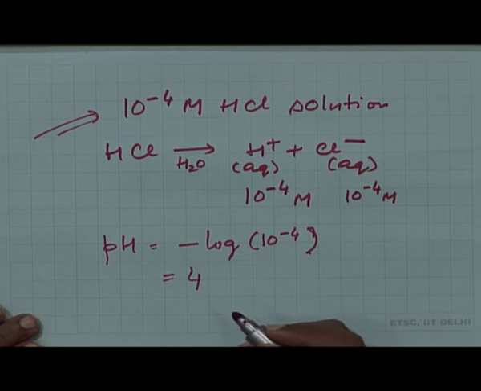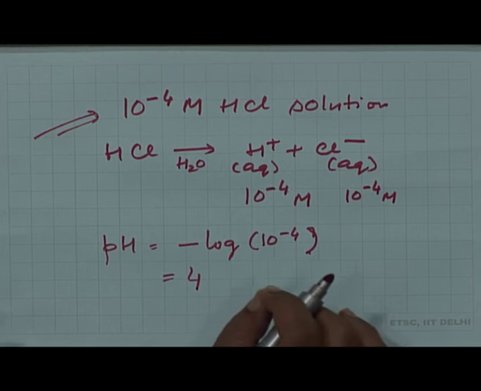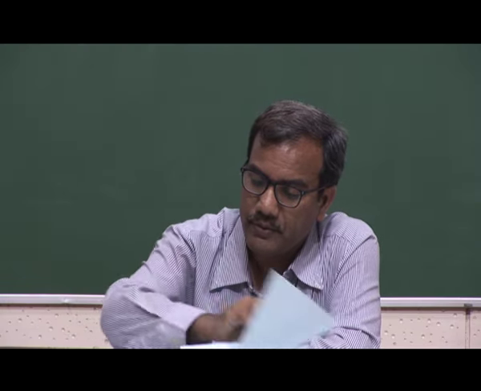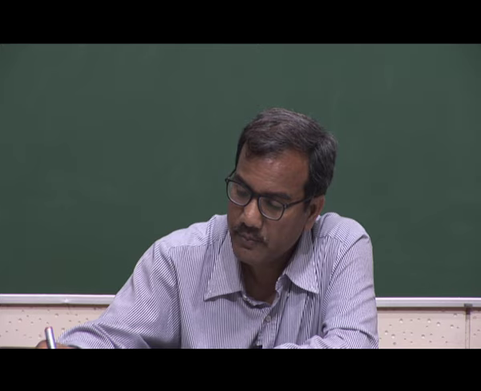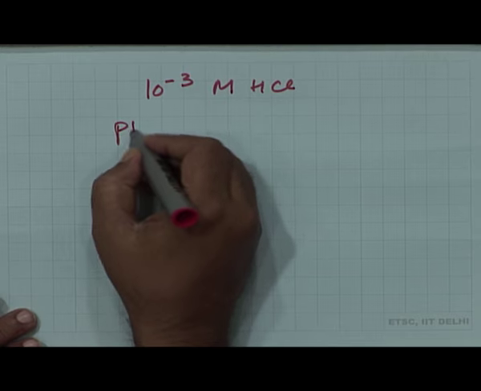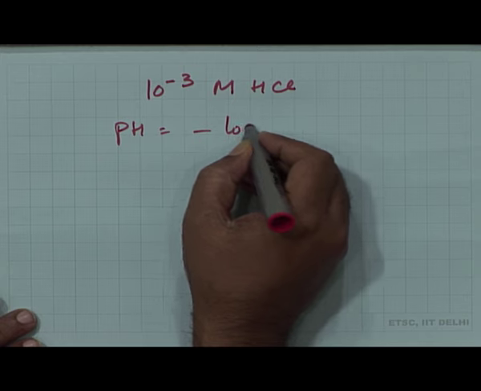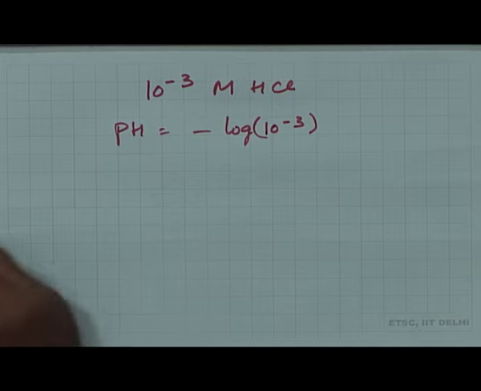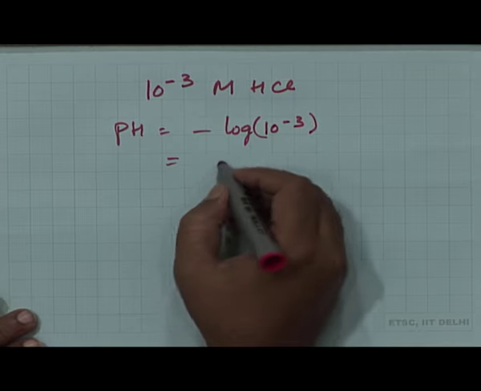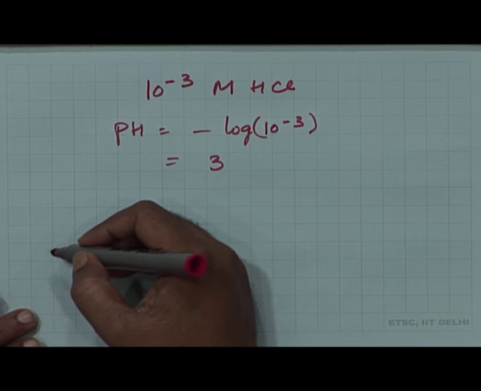Suppose we have another solution, 10 to the power minus 3 molar. In this case your pH will be simply minus log 10 to the power minus 3, and so this is pH 3.